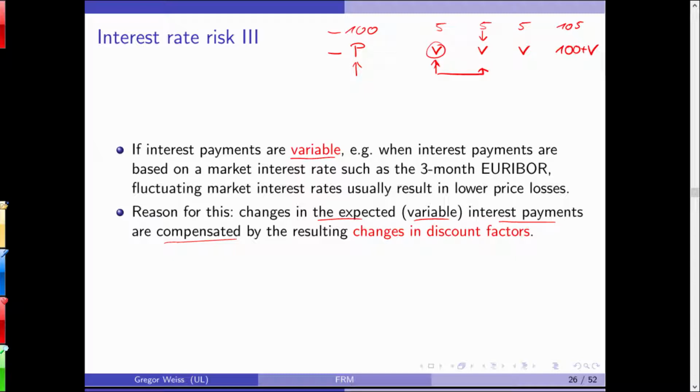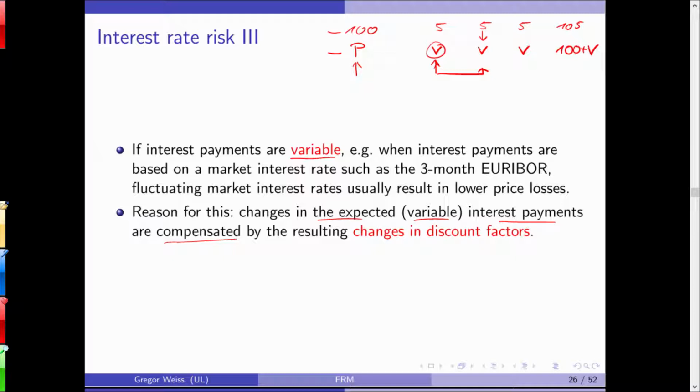paid out here. And one would think that this floater is very hard and very difficult to value. Why? Because we don't know what the Euribor will look like in 3 years, in 4 years, in 5 years. Actually, it is simple. It is very simple.